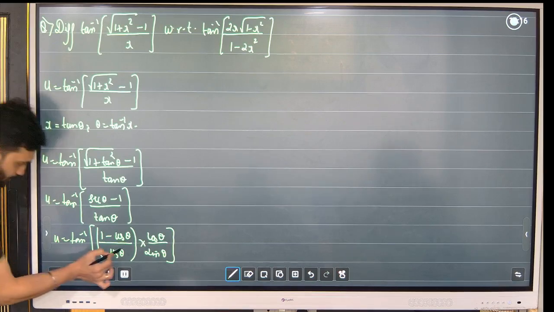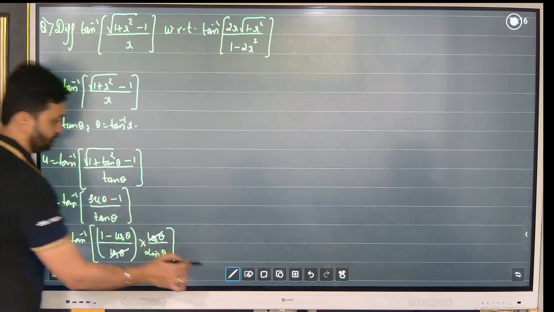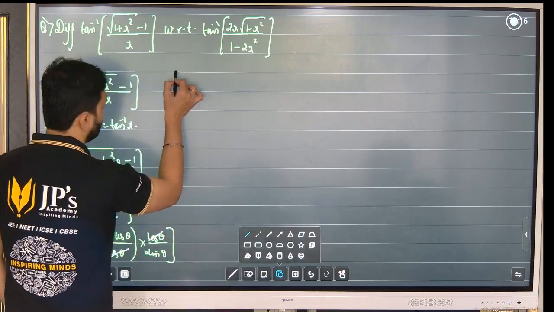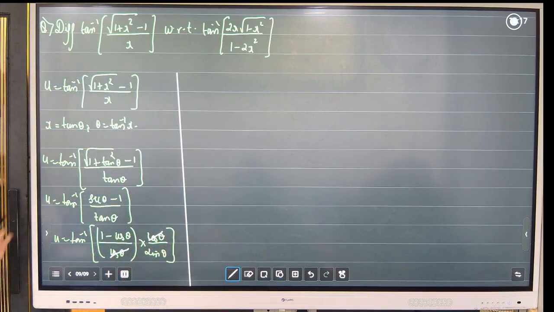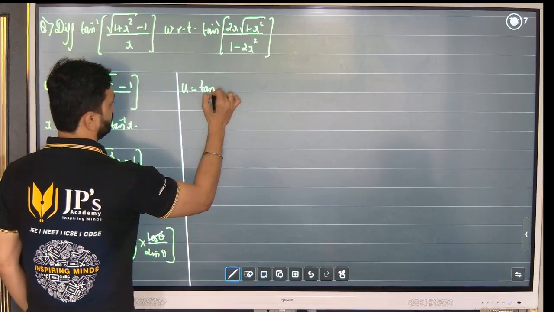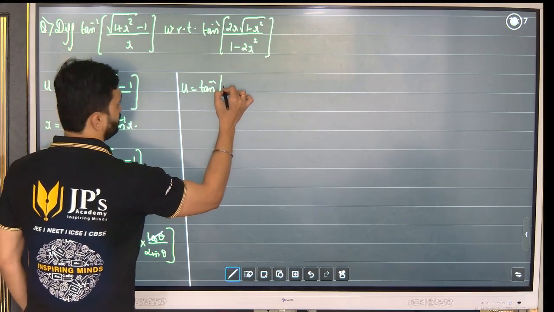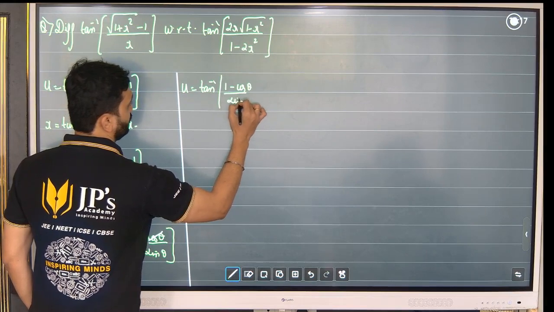So now this gets cancelled, this gets cancelled. I am left with u is equal to tan inverse of 1 minus cos theta upon sin theta.